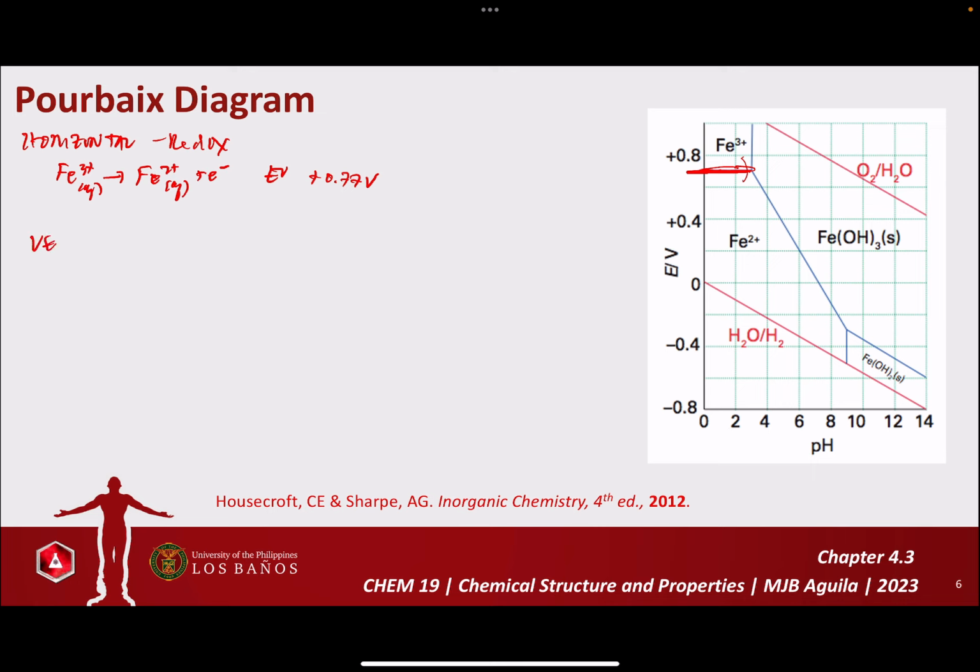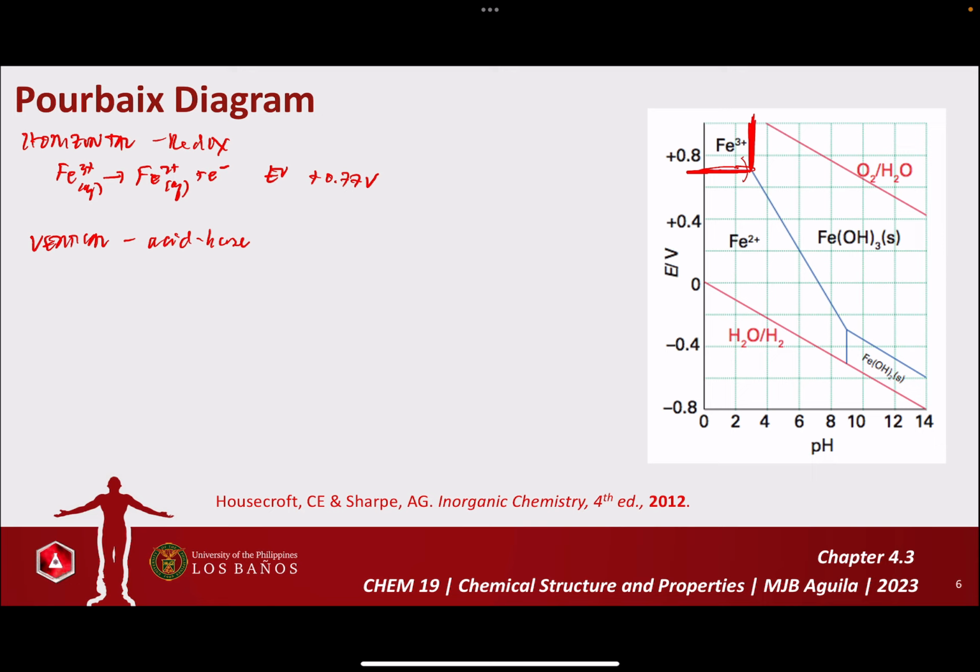Now, if we're going to the vertical line, this one is a purely vertical line. This is a purely acid-base reaction. As an acid-base reaction, there's no electron transfer. That means the oxidation state of the metal is still the same, but protons are added or removed.